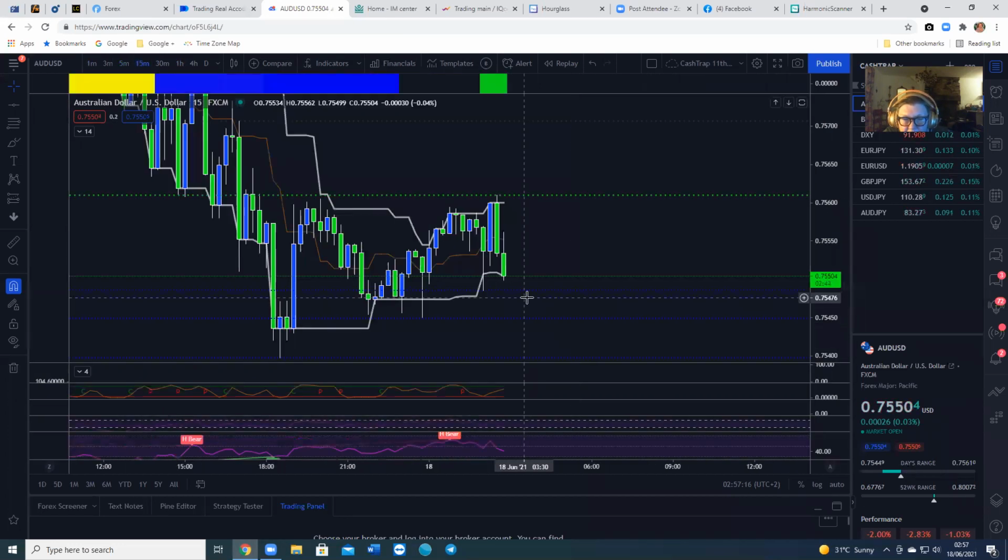The hourly and the 15-minute are the ones we pay most attention to. Just waiting for quarter theory to come on, it's just a bit slow.